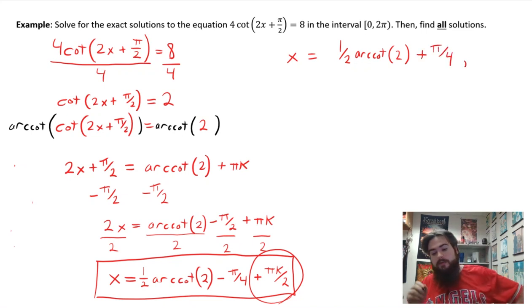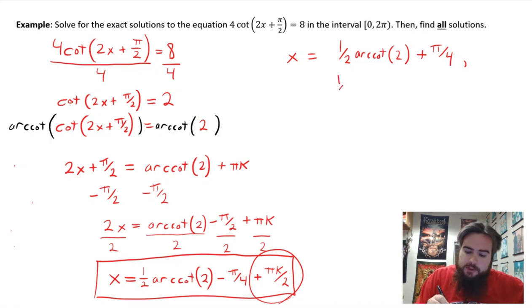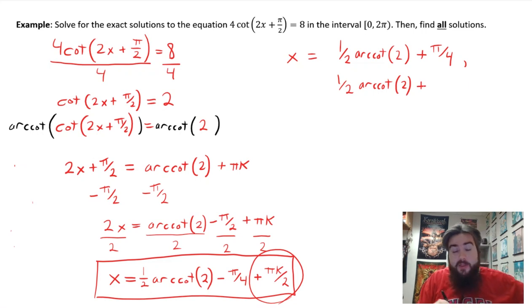So I chose to simplify there. That would be my first solution. The next solution would be generated by taking that one and adding another instance of pi halves based on this infinite solution set. Pi fourths plus another pi halves will now give me 3 pi fourths.